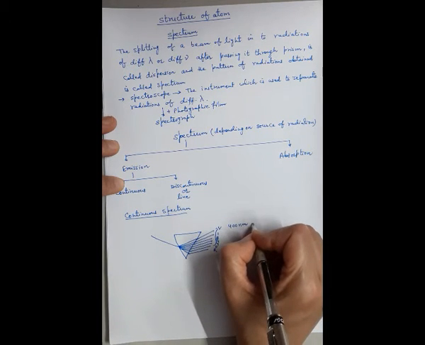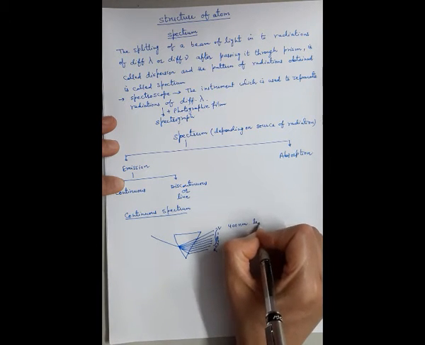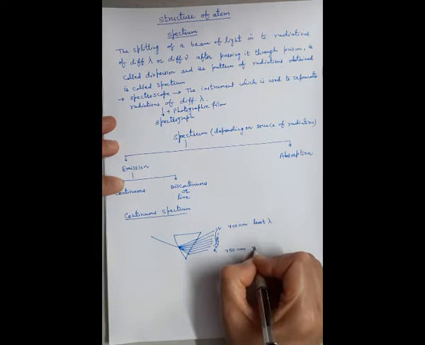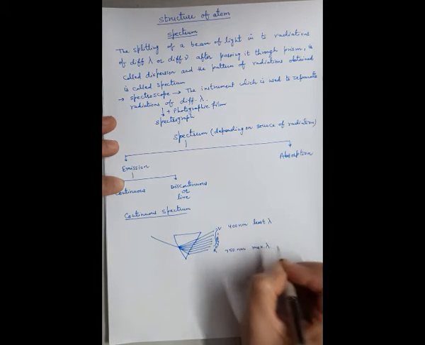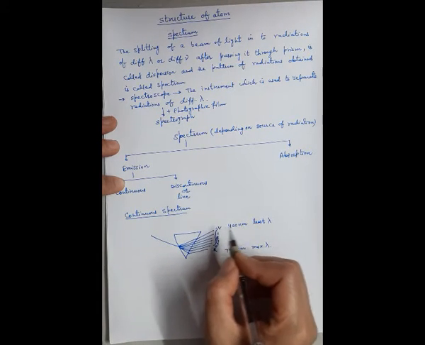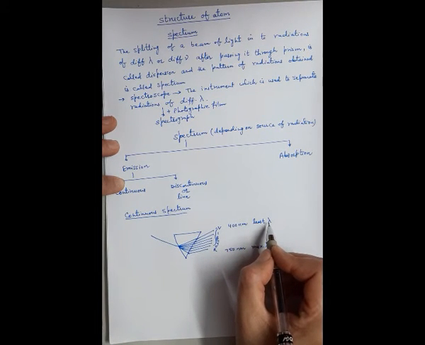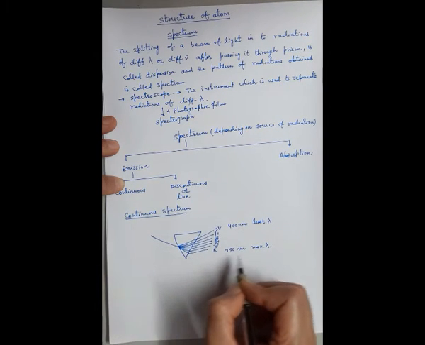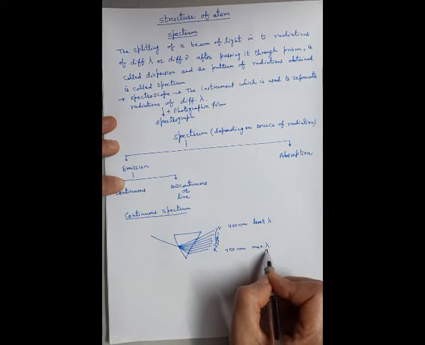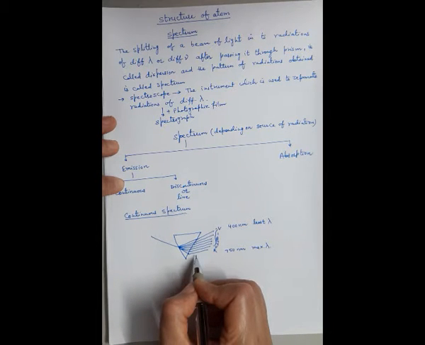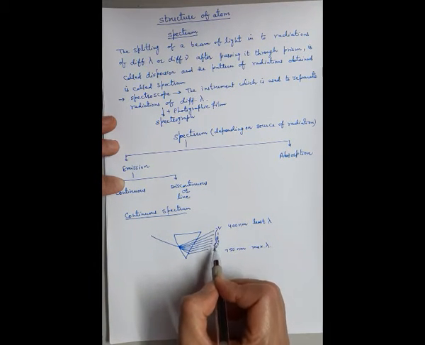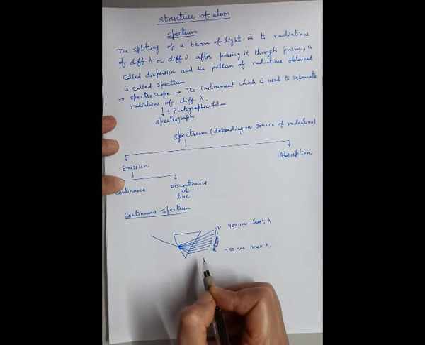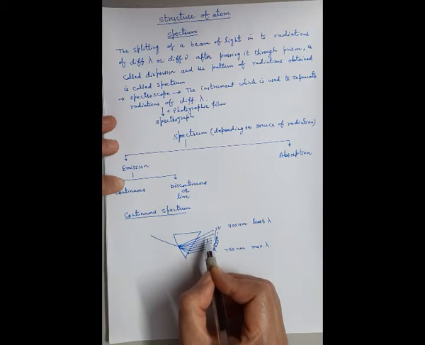You know, violet has least wavelength, whereas red has the maximum wavelength. So the color which has the least wavelength will bend the maximum, whereas the color which has the maximum wavelength will bend the least. The splitting of this white light into different frequencies or wavelength obtained is a continuous one.